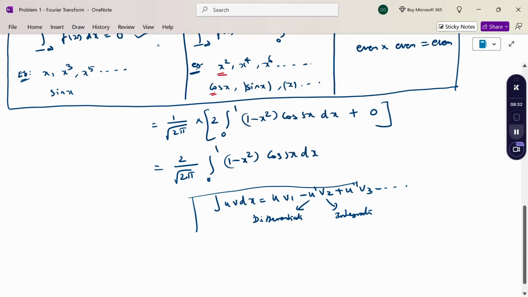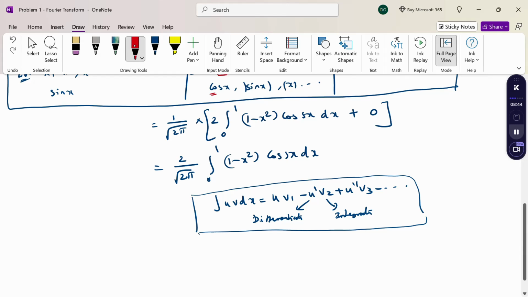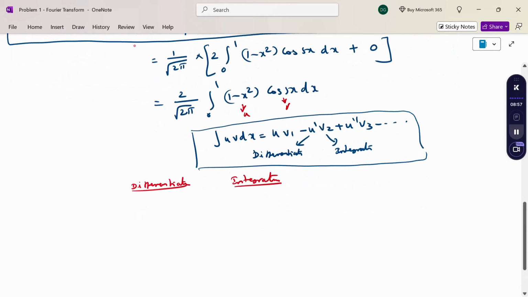Now I'll take the form, the first one is the x term. So therefore u, first differentiation, I mentioned this is u, I'll take it, and this is v. So differentiation and then integration. Differentiation, integration.